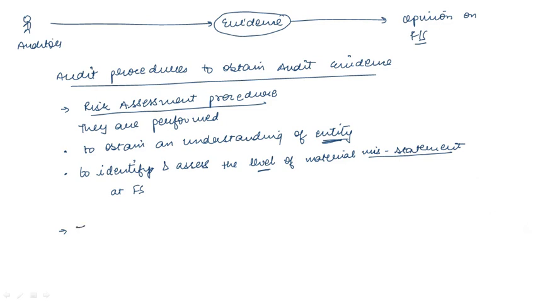So next is further audit procedures. The very first is the risk assessment procedure, which is done to determine the level of risk and to understand the kind of company you are dealing with. Further audit procedures have been divided into a couple of things.